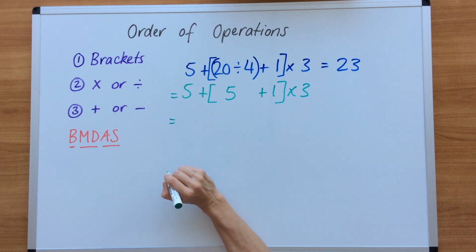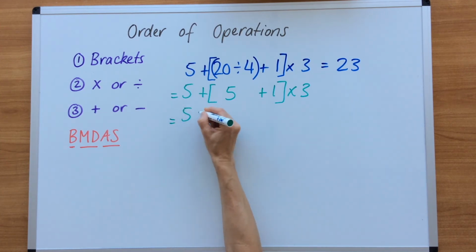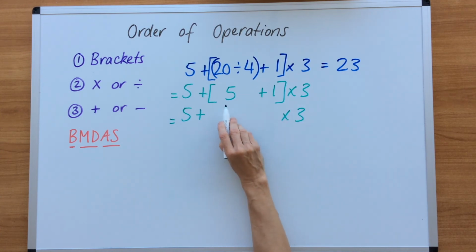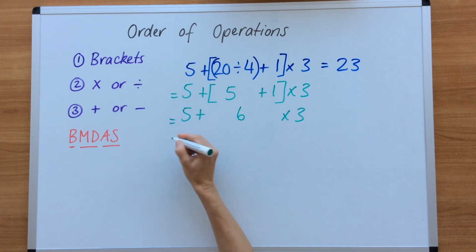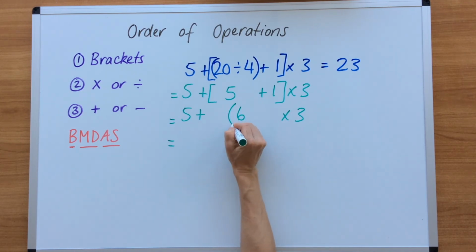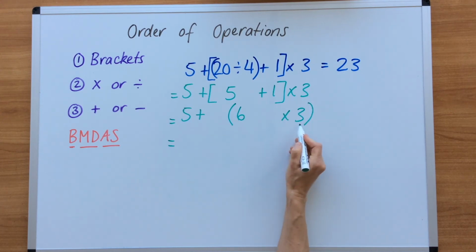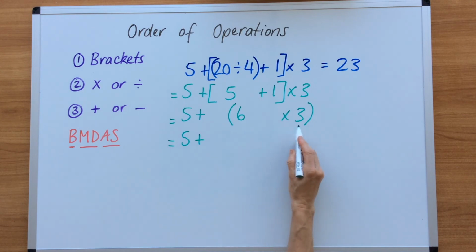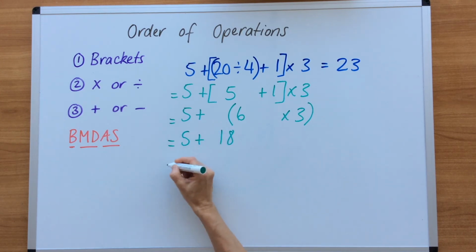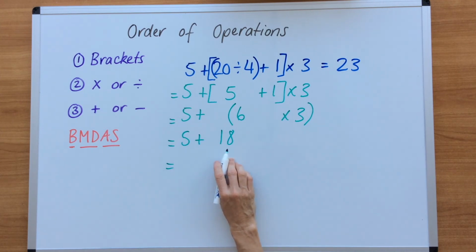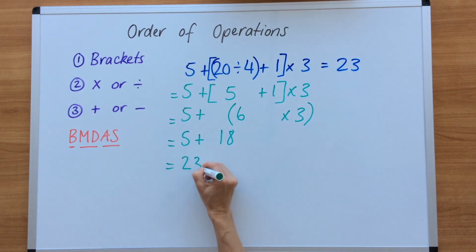Drop the equal sign, and I go 5 plus, and then the times 3, and I solve this in the middle. 5 plus 1 is 6. Then I work across and realize that I've got a plus and a multiplication. So if I bracket the multiplication, I just drop the 5 plus, solve the 3 times 6 is 18. Drop the equal sign and I add 5 with 18, and that gives me 23.